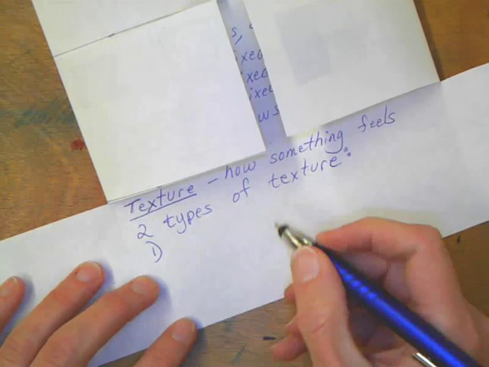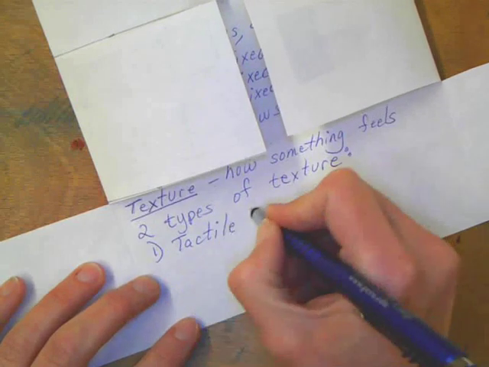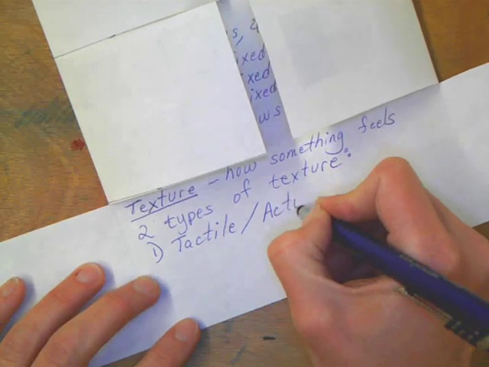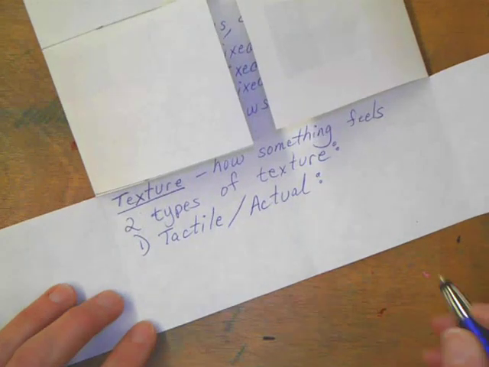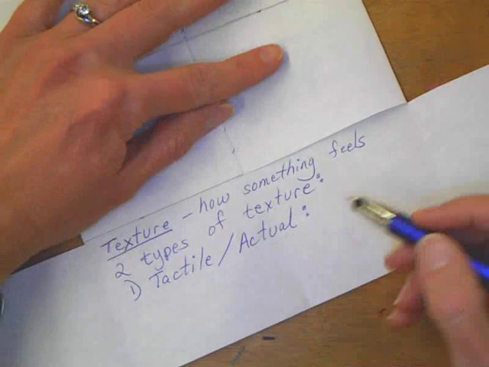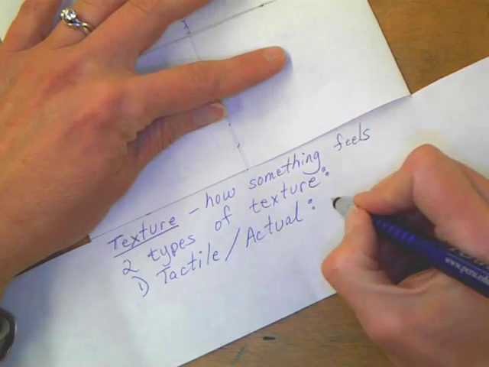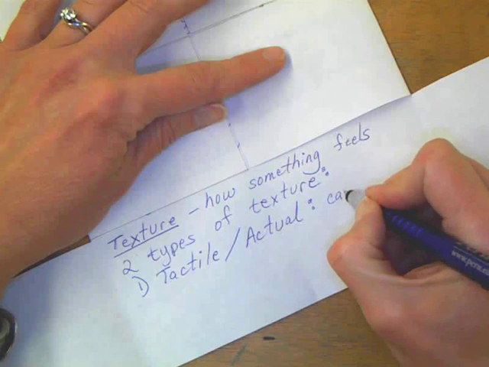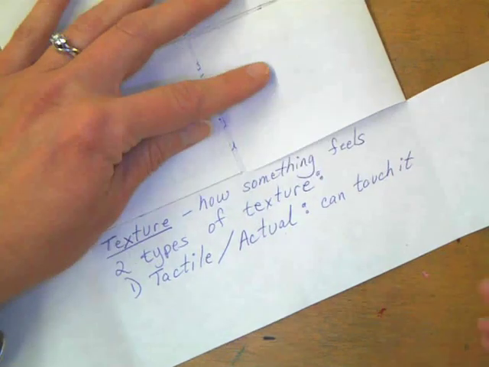The first one is tactile or actual. That is the one that you can actually touch. That's why it's actual. Tactile means you touch it. You can say it's real.